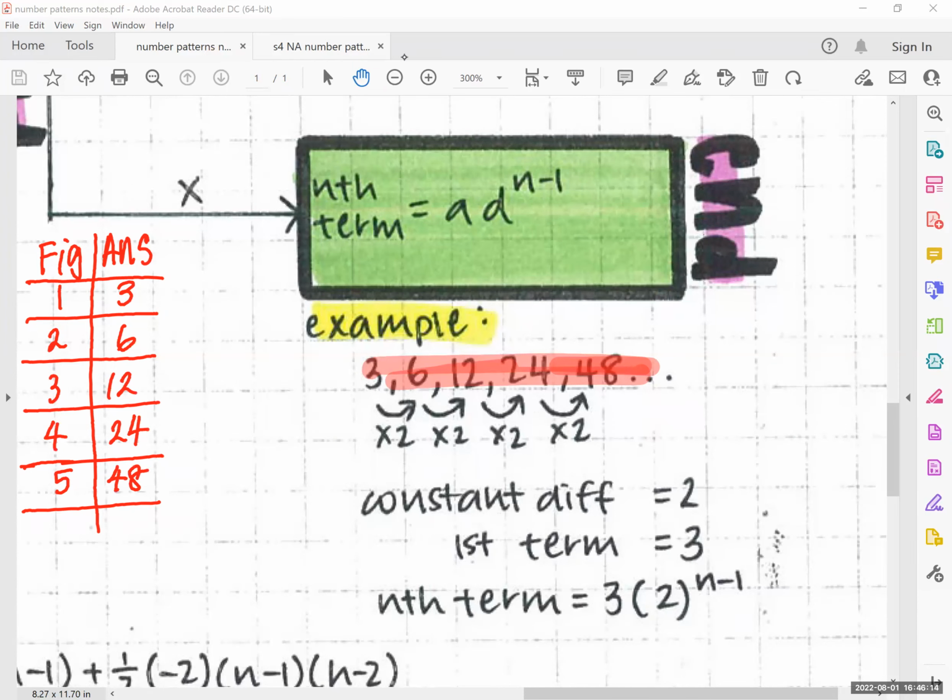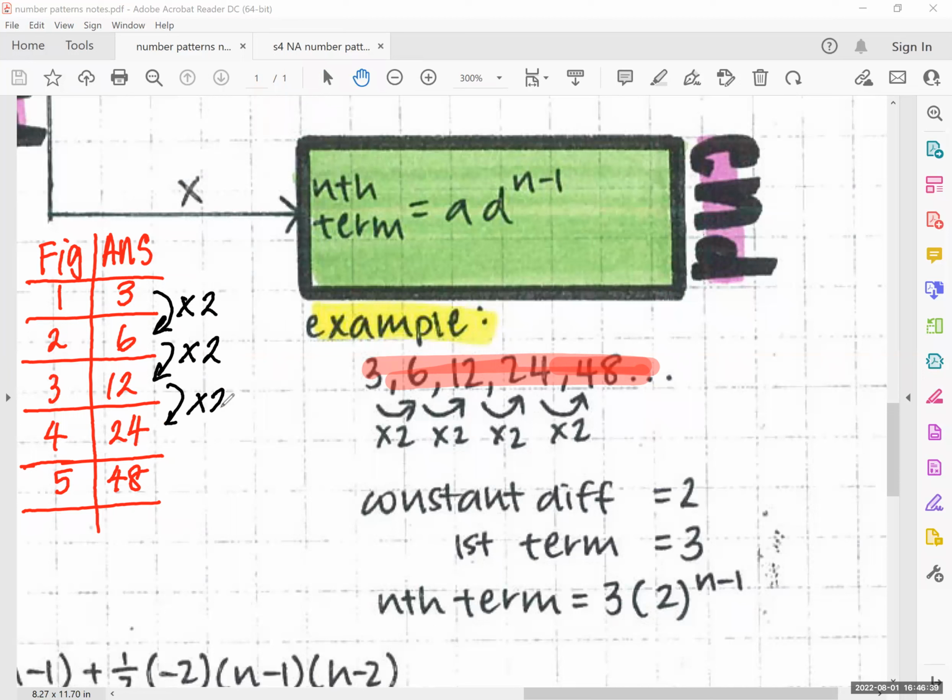Now, we need to ask ourselves, how do you go from 3 to 6? Times 2. And let's see, 6 to 12. Times 2. 12 to 24.